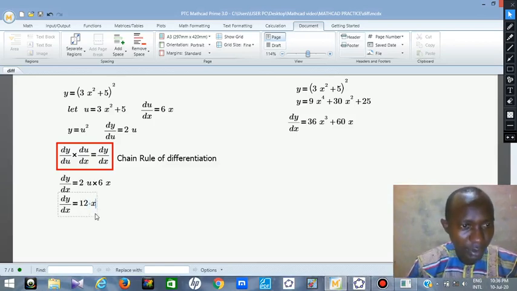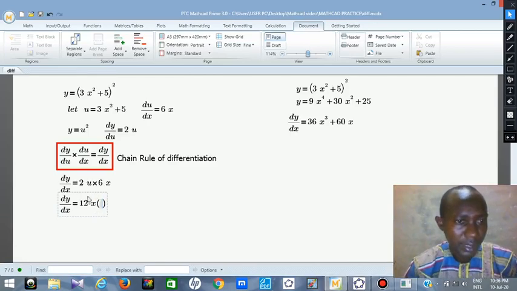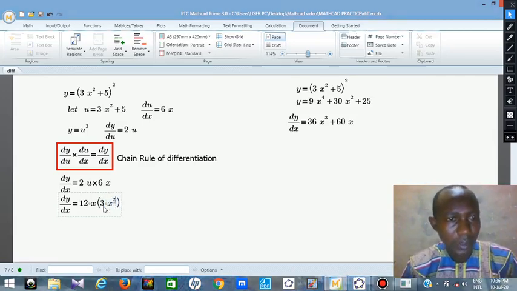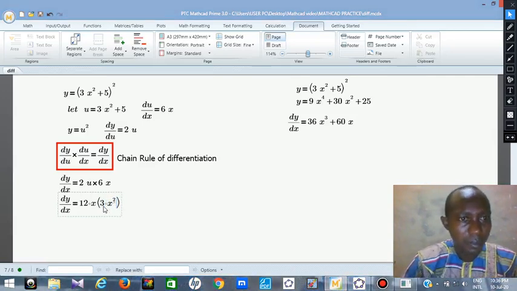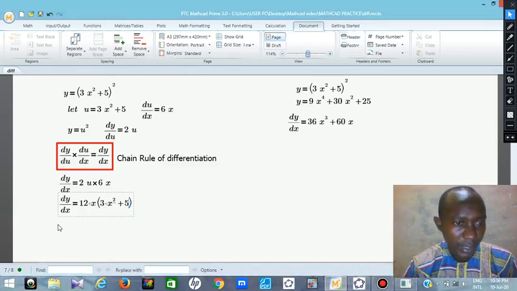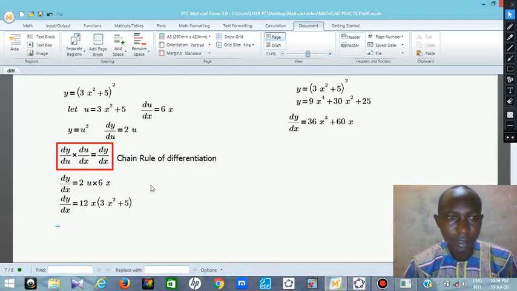Let me put u in a bracket. Since u is this, I need to substitute the value of u, which is 3x raised to the power 2 plus 5. I need to replace u with its correct value. Then if you open the bracket, you will see that you are going to get the same answer.